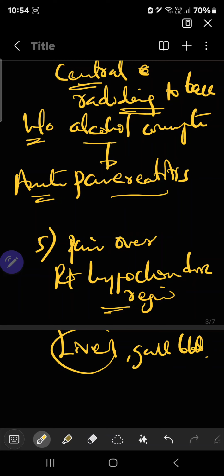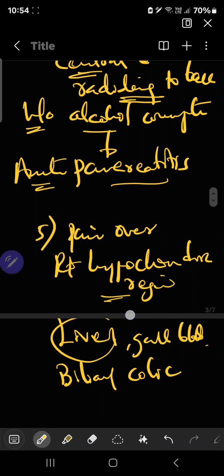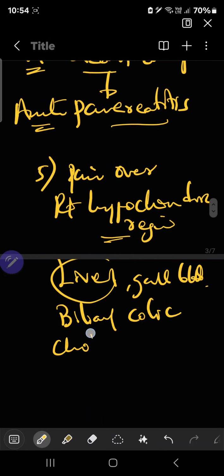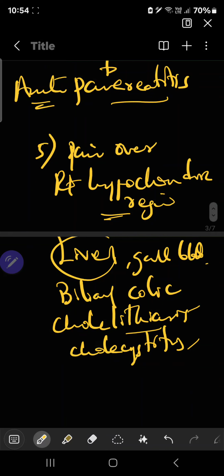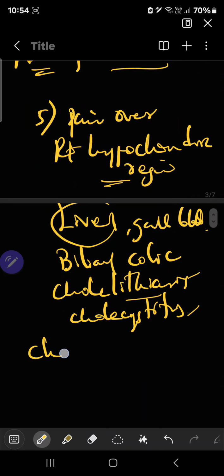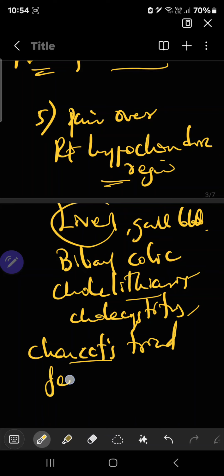So always think that the patient may be suffering from biliary colic, cholelithiasis, cholecystitis, and as you remember, Charcot's triad: fever, right hypochondric pain, and jaundice.